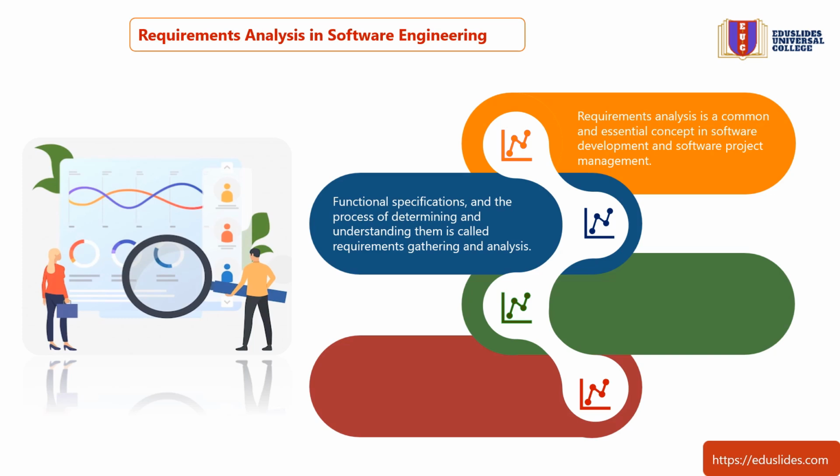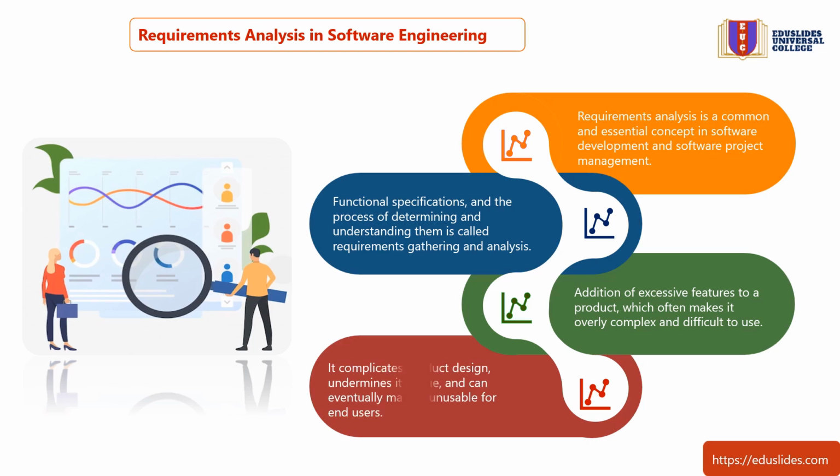Requirements analysis and clear communication help to prevent feature creep in software projects, also known as scope creep. Feature creep refers to the addition of excessive features to a product, which often makes it overly complex and difficult to use. Feature creep is usually the result of poor planning, insufficient communication, inadequate requirements analysis, and poor understanding of requirements by the team.